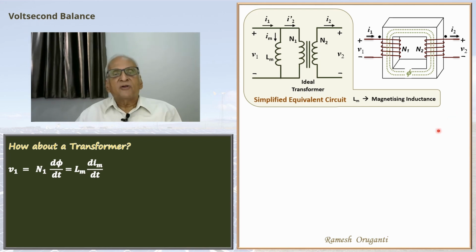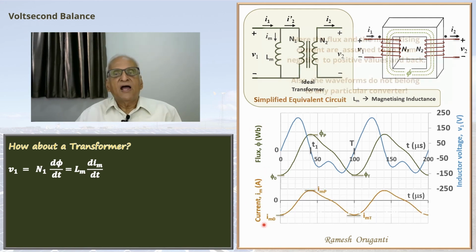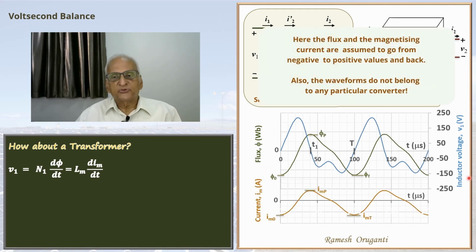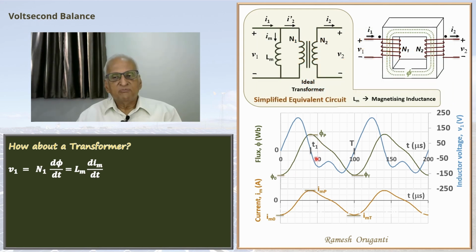So for an arbitrary phi waveform, we can draw the phi waveform, Im waveform, and the V1 waveform. So that is shown here. This is the flux. I have taken the flux waveform arbitrarily. At phi naught, the voltage will be 0 because d phi by dt will be 0. At t1, voltage will be 0 again because the d phi by dt is 0.